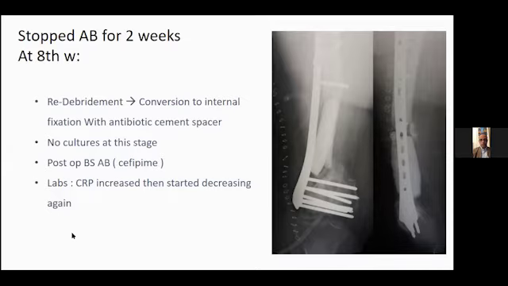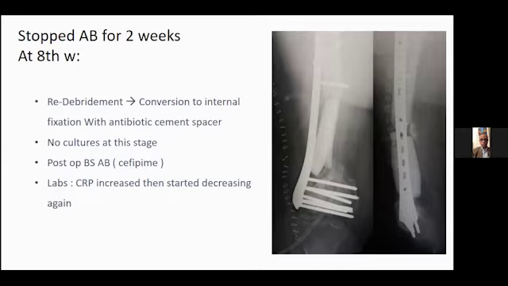Also, sometimes in this case, when I choose to put an internal fixation, I combine it with calcium phosphate loaded antibiotics. It's not only loaded on the cement. So it's absorbable, and it gives us some tissue penetration of the antibiotic, but according to the culture.